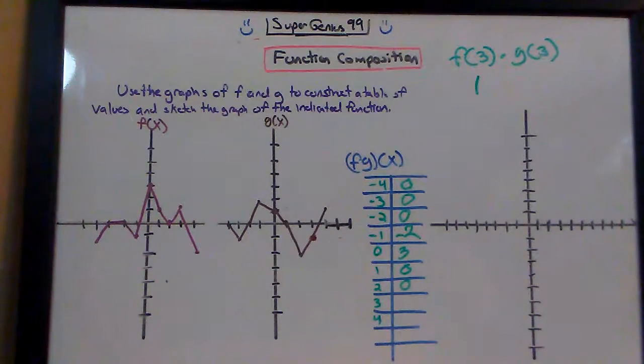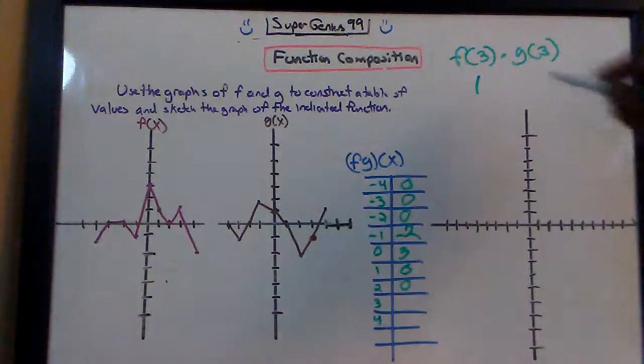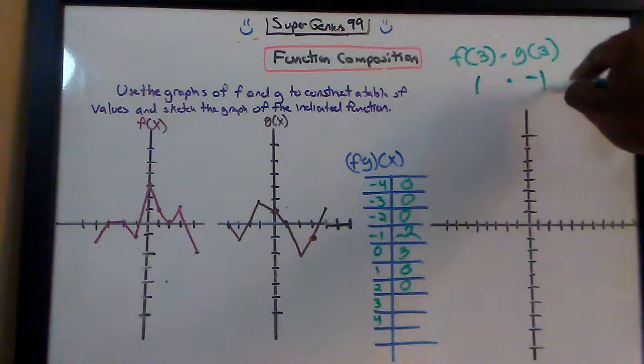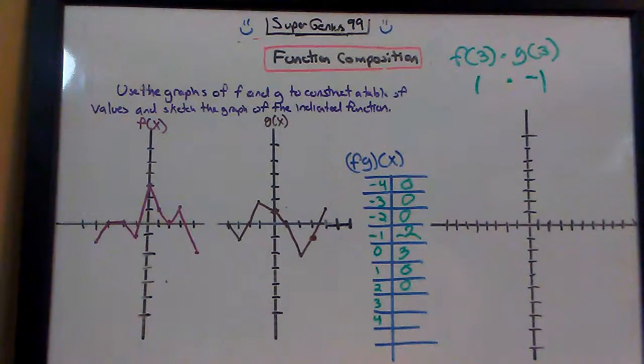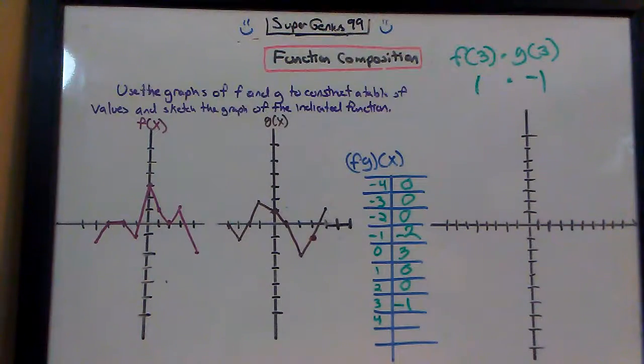Okay. And what is the corresponding y value when x is 3 in the g function? When x is 3, y is negative 1. 1 times negative 1 is how much? Alright.